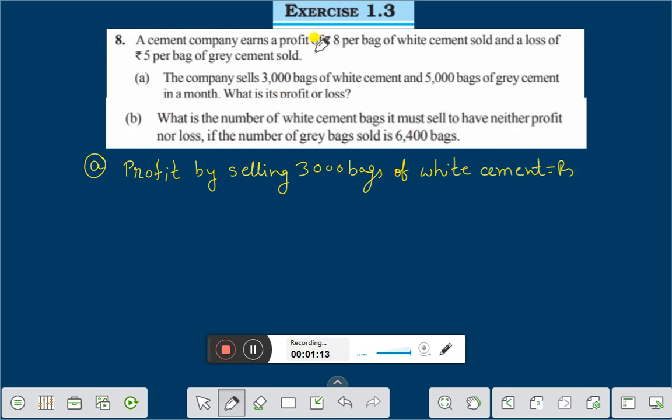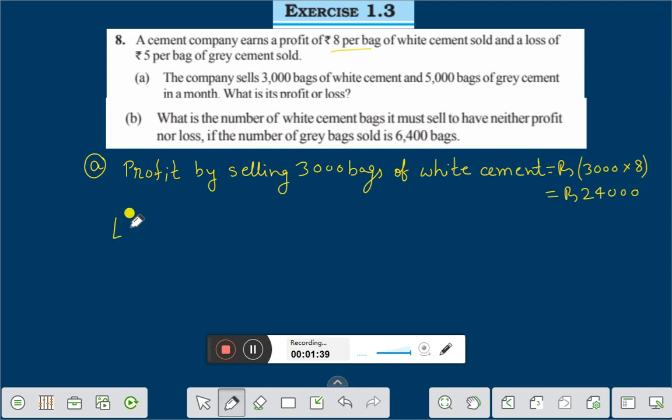Here you see the profit is rupees 8 per bag, right? In one bag the profit is rupees 8, therefore in 3000 bags the profit is rupees 8 into 3000, that is 3000 into 8, and that comes to rupees 24,000, right?